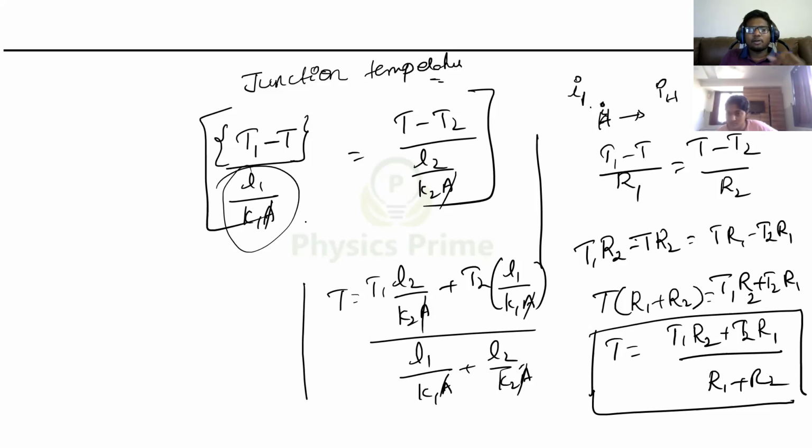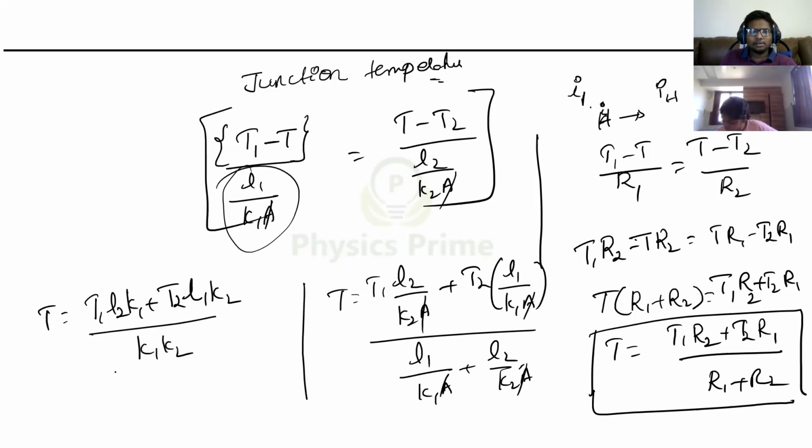So again, the same formula which we got previously while solving will come. T is equal to T1 L2 K1 plus T2 L1 K2 divided by K1 K2, again divided by L1 K2 plus L2 K1 divided by K1 K2. Got it?